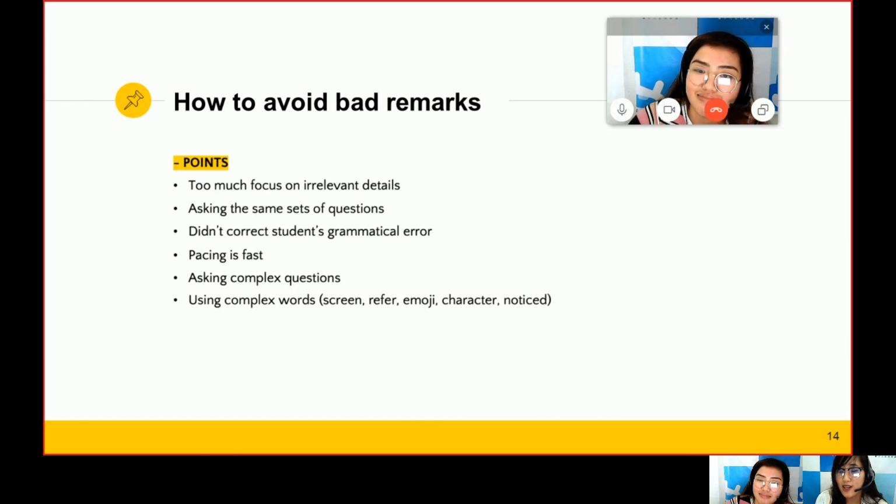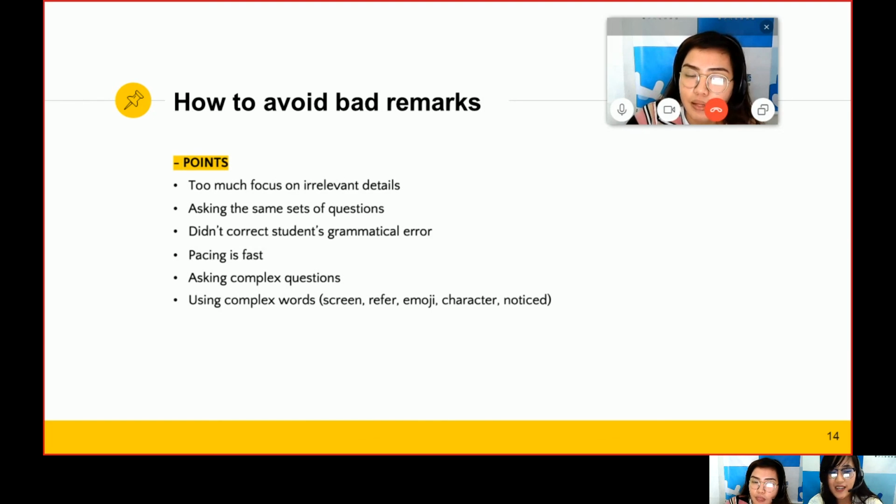How can she explain it if she doesn't know the word? So don't ask complicated, tricky, hard questions, and avoid complex words. It's important for us to be simple, short, and clear.